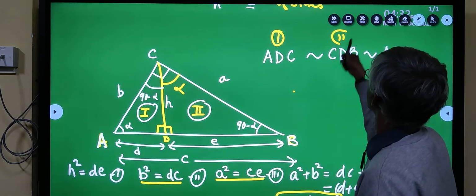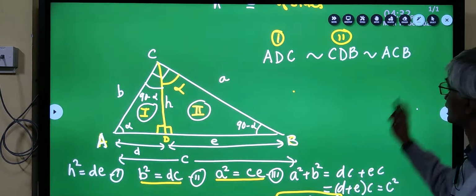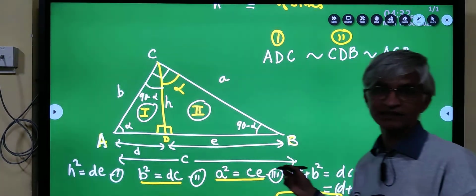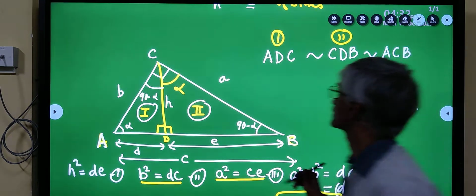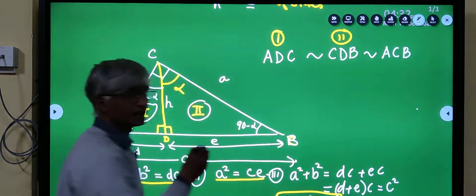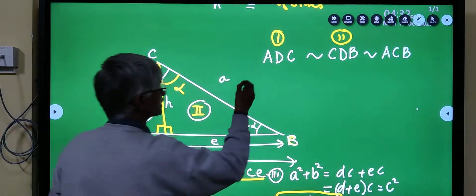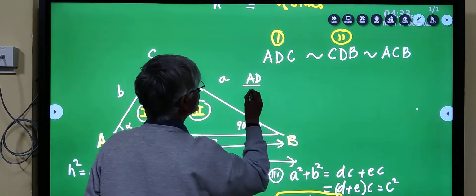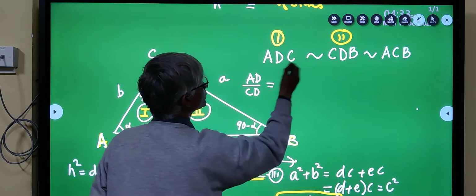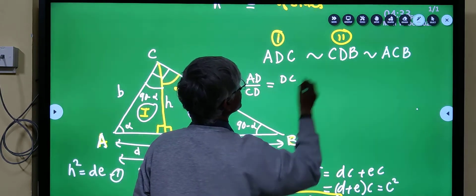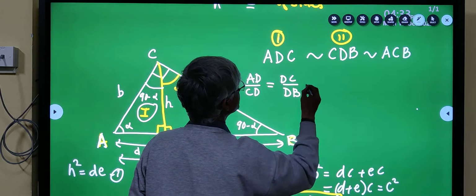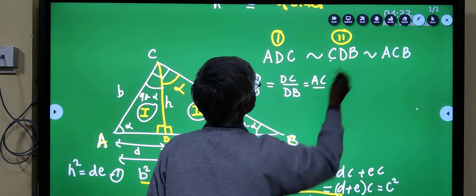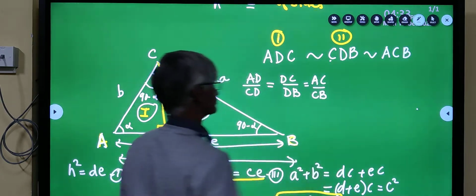So I've got the daughter triangle 1 and the daughter triangle 2 and the mother triangle, and they're all similar to each other, and I've got the correspondences right. So now it's just a matter of writing down the consequences of similar triangles, which I shall now do, and maybe you can also do the same thing along with me. AD divided by CD is equal to DC divided by DB is equal to AC divided by CD.